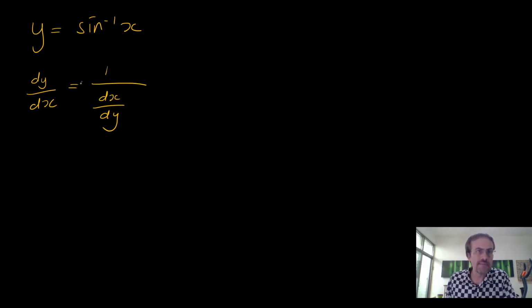Okay, the second thing is we can make a statement. We can say that x equals sine of y. And that's just the definition of an inverse function. This is just noting what an inverse function is by definition. So you can pick a value. For instance, what is sine of pi over 6?